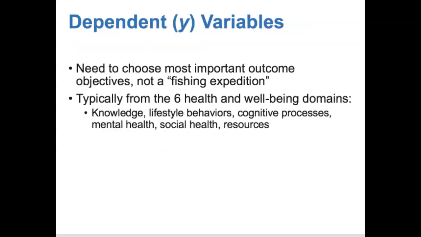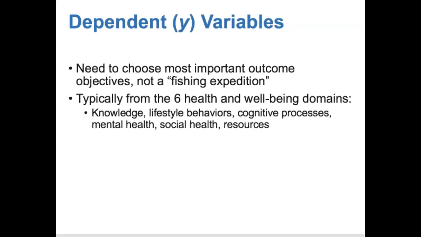The y variable is the dependent variable. This is the outcome of interest. It can be a health or behavioral characteristic that is assessed, and it's the what that the question is trying to answer. It's important to choose the most important outcome objective to measure and not to try to measure too many outcome objectives.